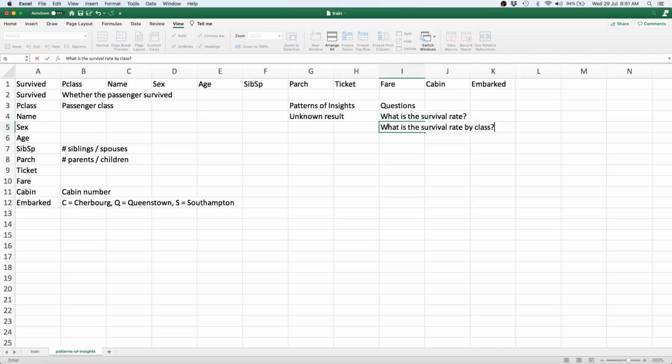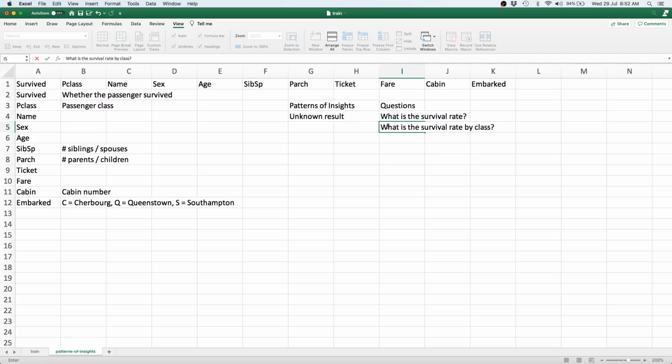If you've seen the movie, you might have seen those scenes where people from the second and third classes were locked up, or people from the first class or the higher classes were given preference when the ship was being evacuated and when the lifeboats were being filled. We now have an opportunity to figure out whether that was really true or whether it was just a figment of James Cameron's imagination. Let's see if survival rate differs by class and if actually the lower classes had a lower survival rate.